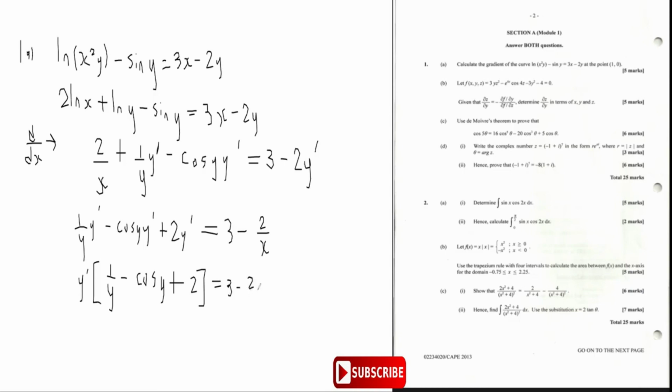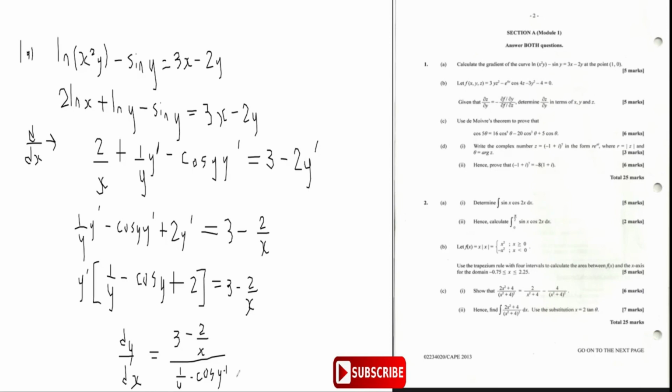Okay, nice. So all we have to do now is divide both sides by 1 over y minus cos y plus 2. When we divide both sides by that, we get that y prime, also known as dy by dx, is equal to 3 minus 2 over x, all divided by 1 over y minus cos y plus 2.